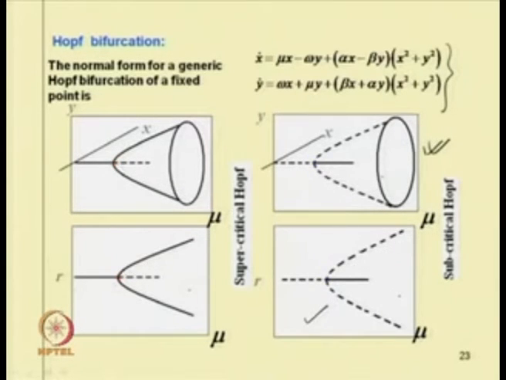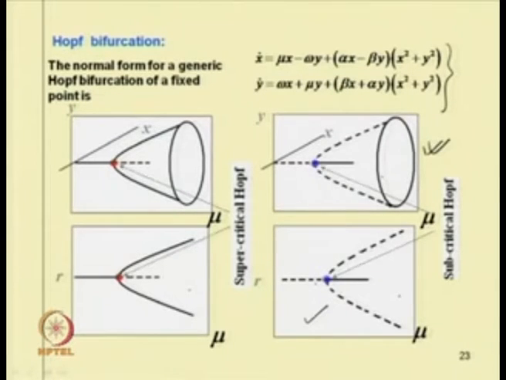The trivial fixed point response becomes unstable, and we will have a stable periodic response in the case of the supercritical Hopf bifurcation. In the case of the subcritical Hopf bifurcation point, from a stable fixed point response at this bifurcation point, we will have an unstable periodic response. So, this is the subcritical Hopf bifurcation point.